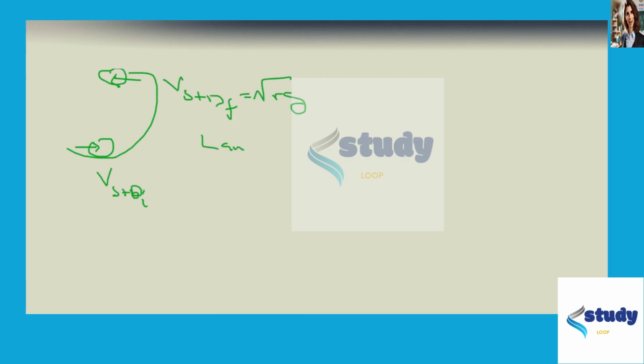Using the law of conservation of energy, the initial energy of the system equals the final energy of the system. Now we're only focusing on what happens when you combine the sphere and the dart.